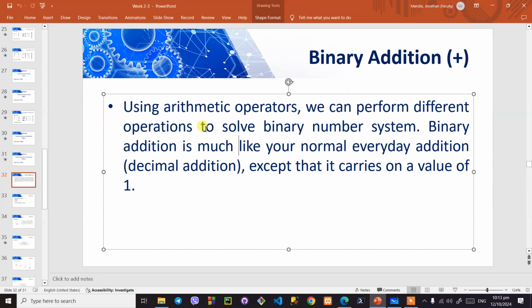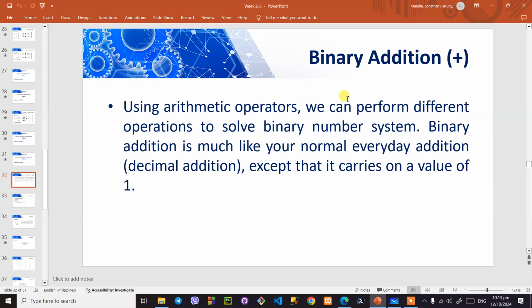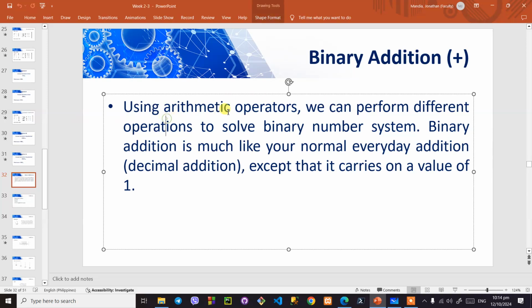On this topic, we will discuss how to use addition as one of the arithmetic operators to add binary. Using the arithmetic operators, we can perform different operations, such as addition.